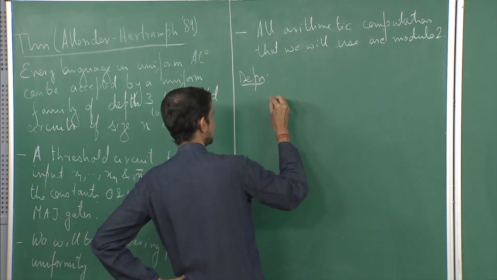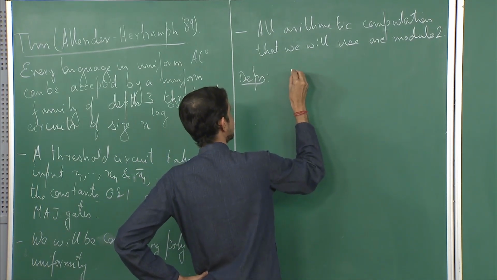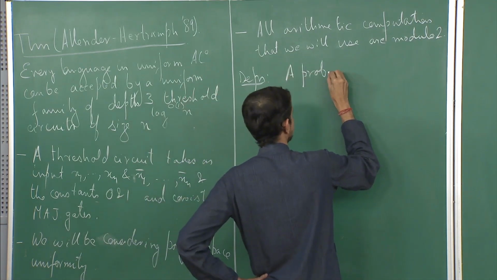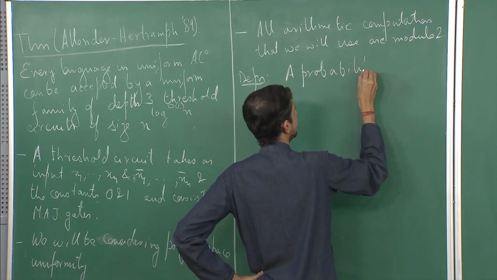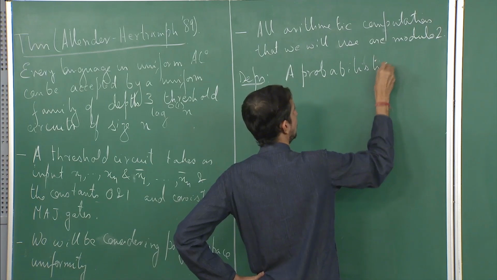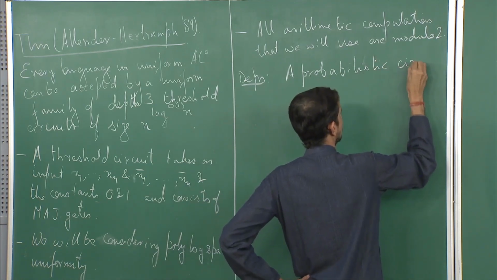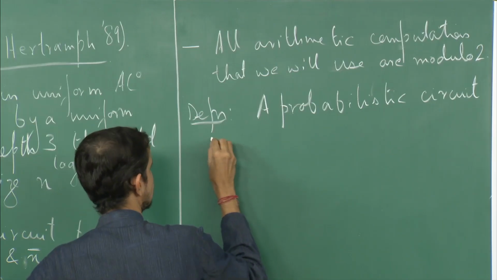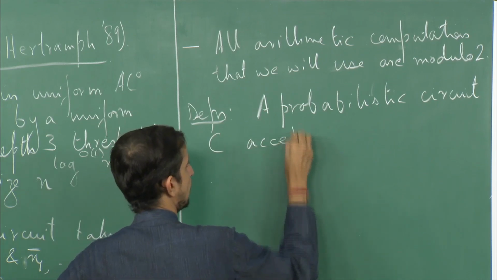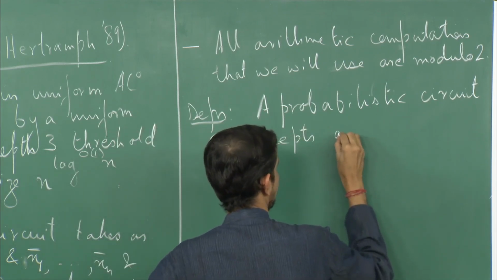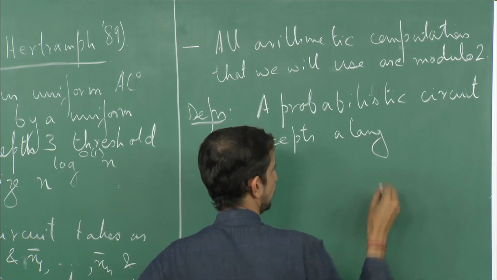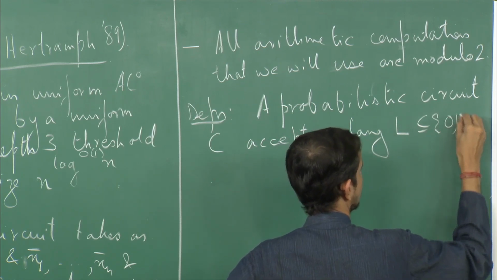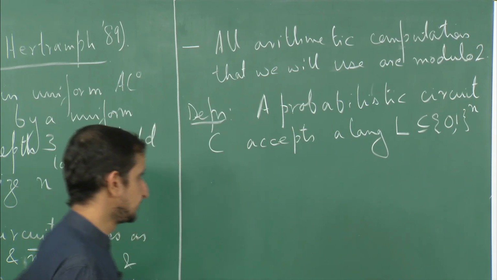A probabilistic circuit is actually quite easy. A probabilistic circuit C accepts a language L, a subset of 0 1 to the power n.